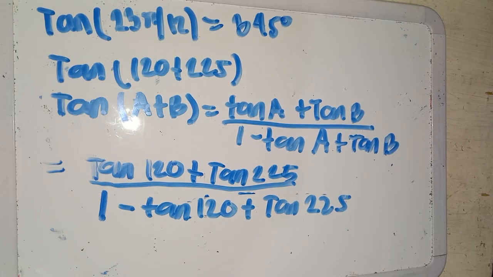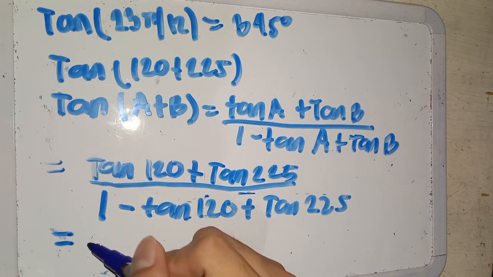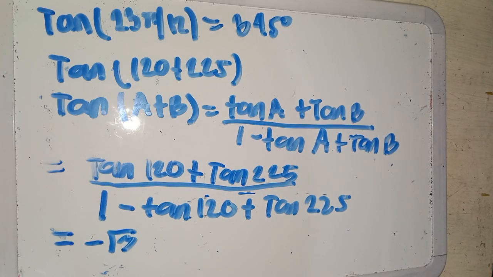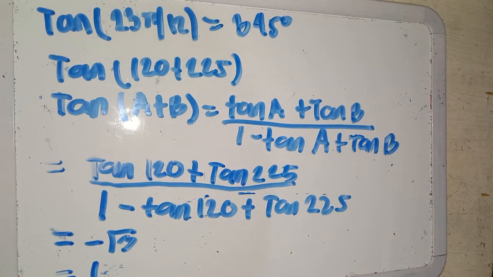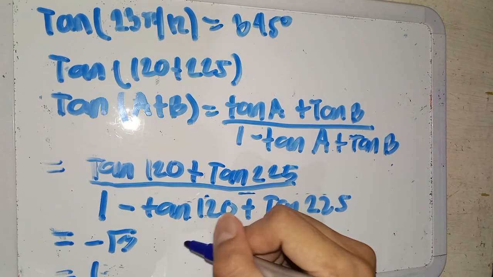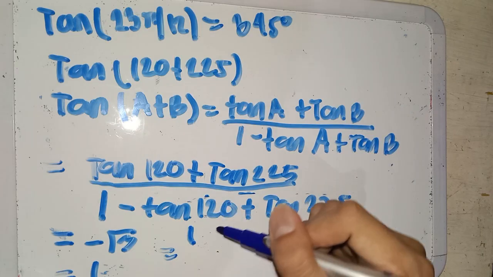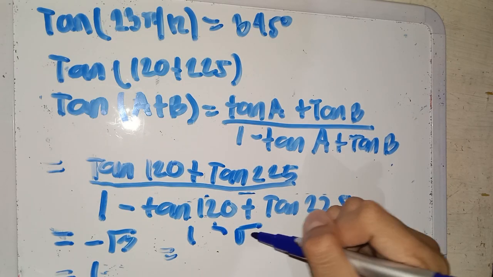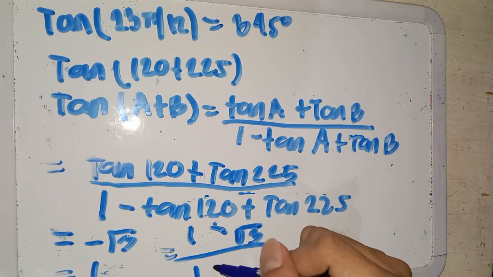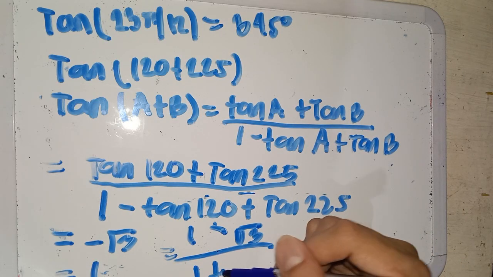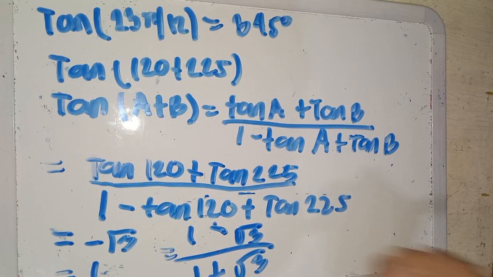So now we need to substitute the known values. Tan 120 is negative root 3, and tan 225 is equal to 1. So we write this as 1 minus root 3 over 1 plus root 3.